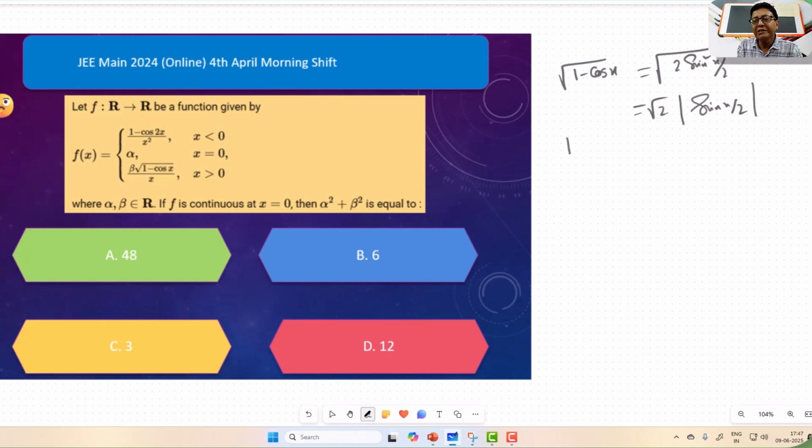Now for x greater than 0, sin x by 2 will be plus sin x by 2. Okay?